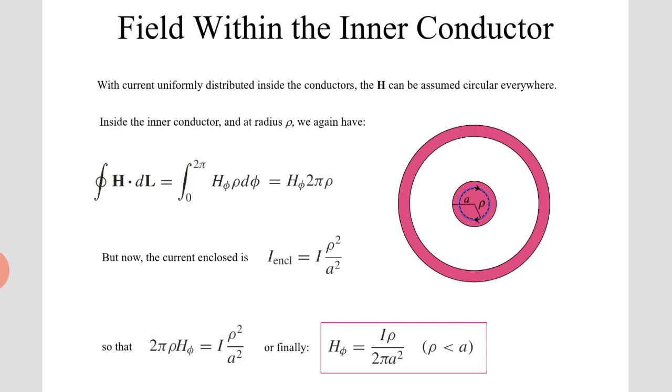So 2 pi rho H phi, as we already got by applying Ampere's circuital law, is equal to I rho square divided by a square. Finally, H phi is equal to I rho divided by 2 pi a square, for rho less than a. This is the field within the inner conductor.